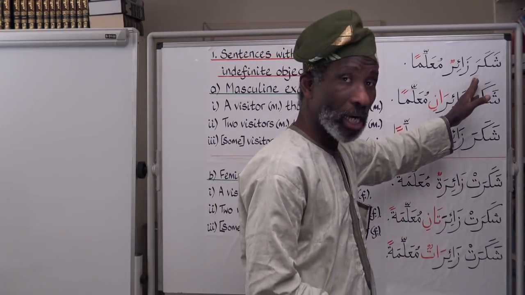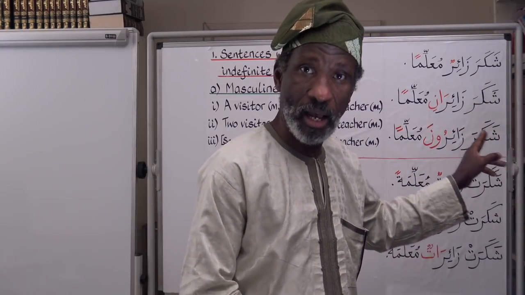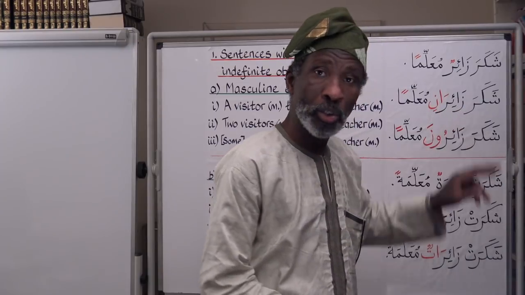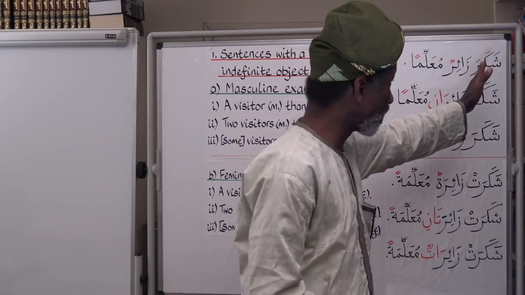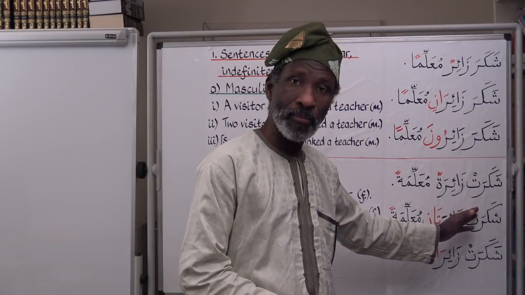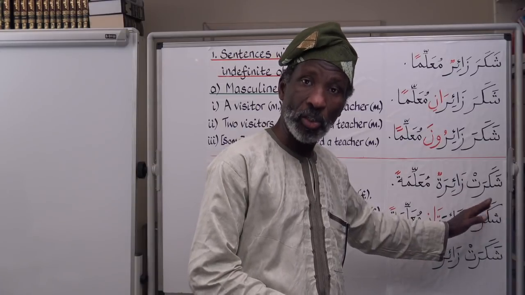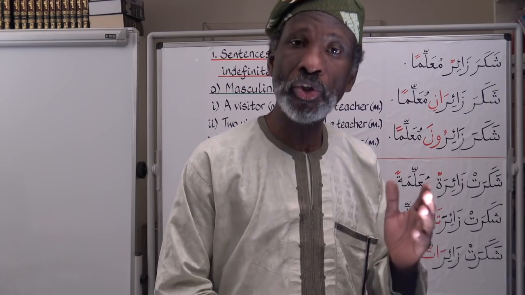So we have shakara, shakara, shakara. Even though we have a singular subject, a dual subject, and a plural subject, in spite of that, we retain the verb in the singular format, mufrad. In the feminine, it's the same, except that we convert into the feminine format: shakarat, shakarat, and shakarat.